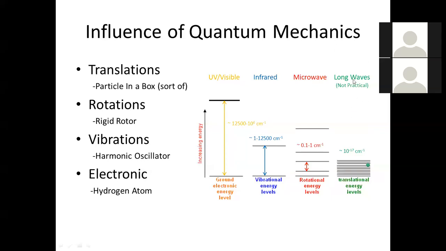And I also mentioned that in order to do translational energy, because these gaps are so small, it's not very practical. You would need extremely long waves, something on the order of what the LIGO detector can detect. It's really not practical. And as far as I know, no one is trying to do energy level spectroscopy for translational energy levels. They're just too tightly spaced.